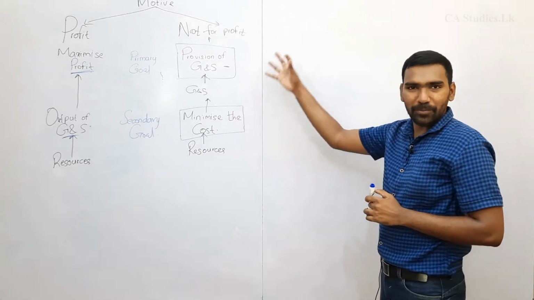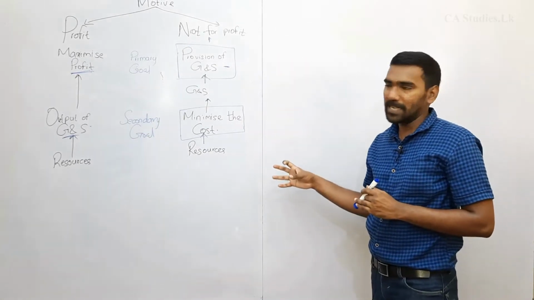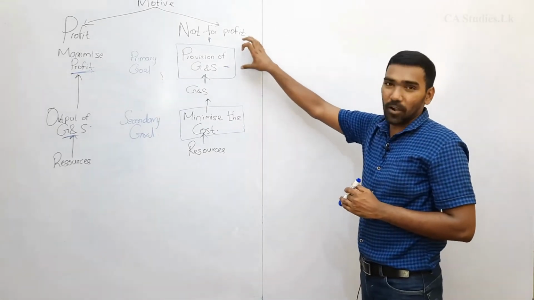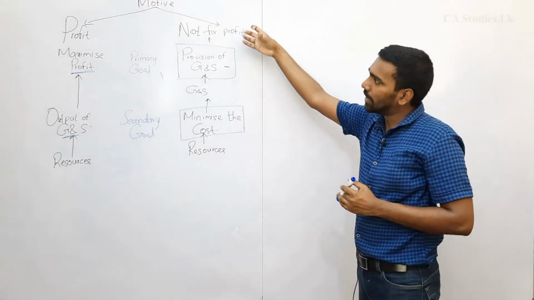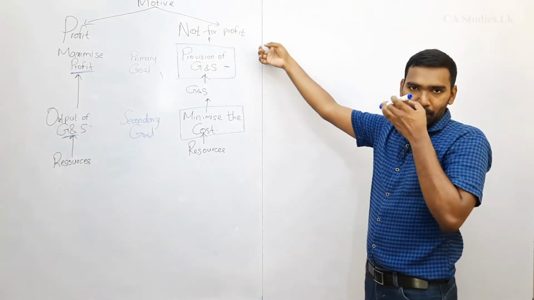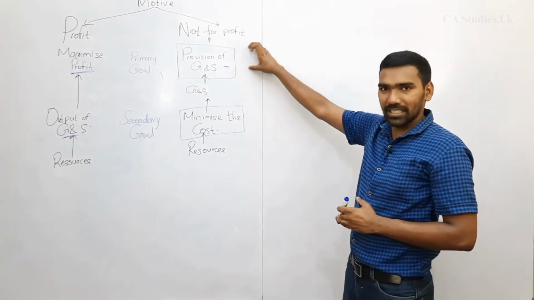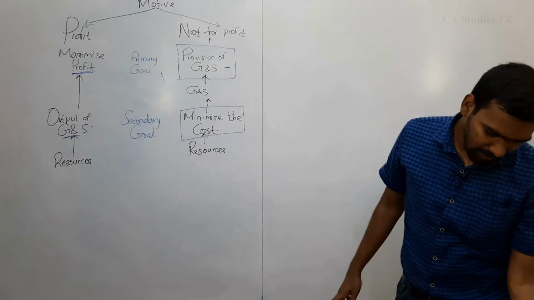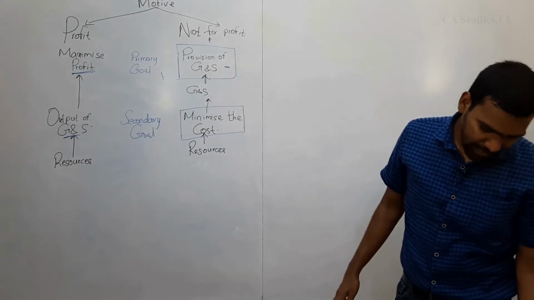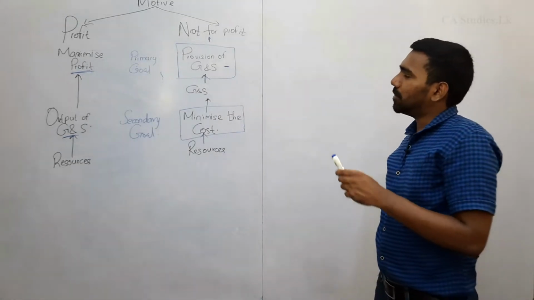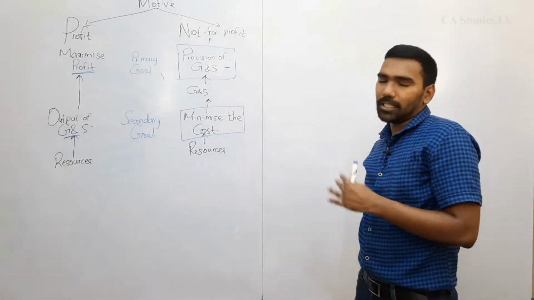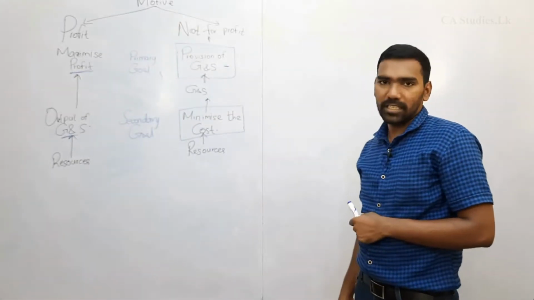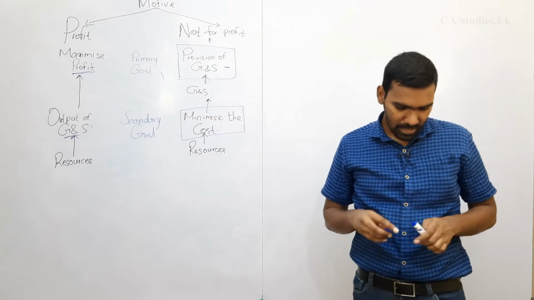All they want is to minimize the cost as much as possible and provide the services to their stakeholders or the parties who are consuming their goods and services at the lowest possible cost. So that is the difference between a profit oriented organization and a not for profit oriented organization, right?